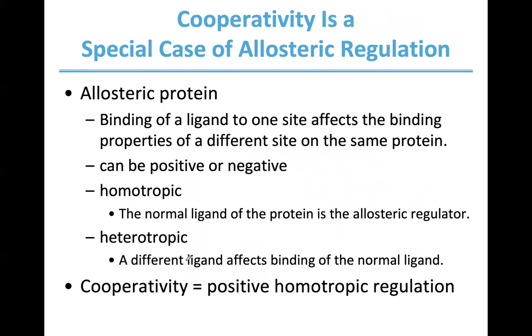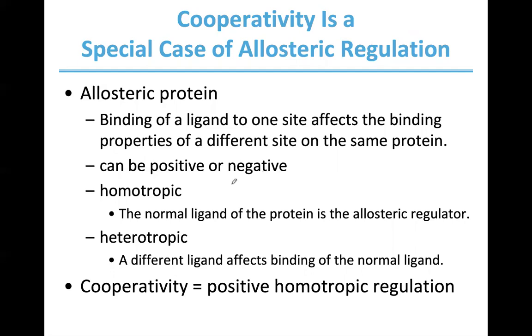And so what we're dealing with here is a situation of allosteric regulation. An allosteric protein is one where the binding of a ligand to one site affects the binding properties of a different site on the protein. It can be positive, can be negative.